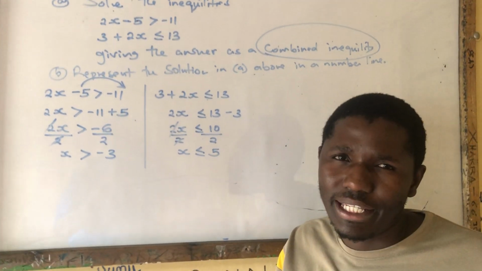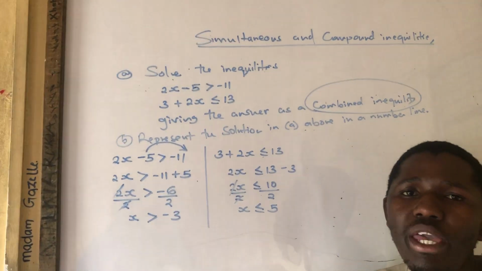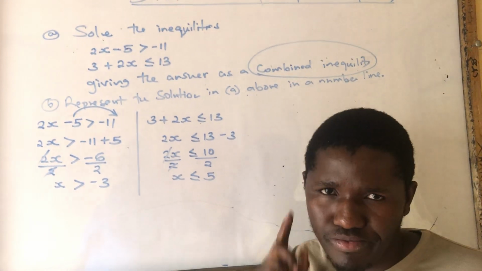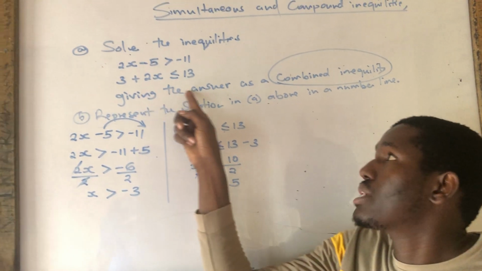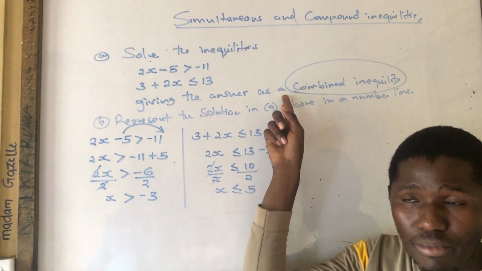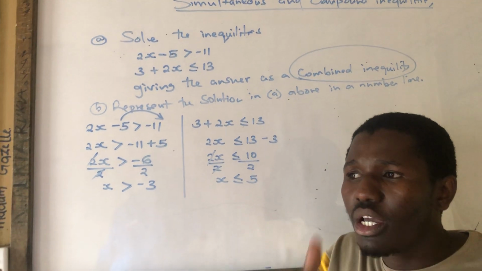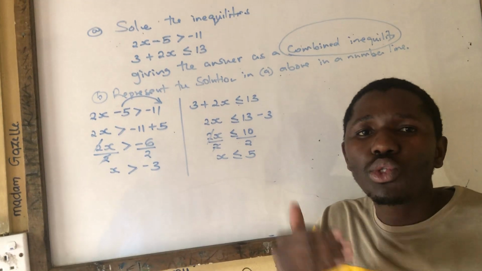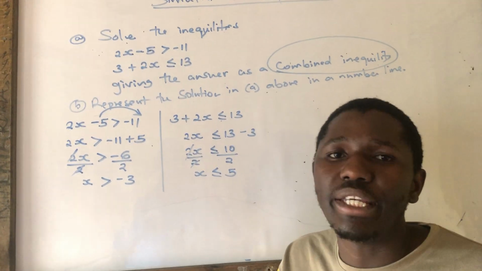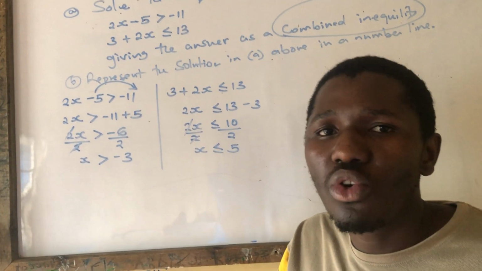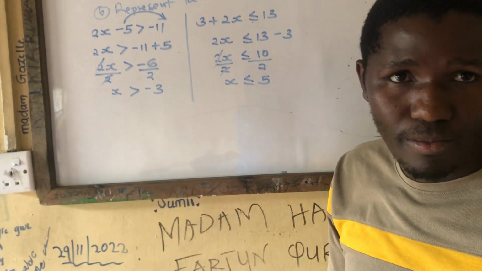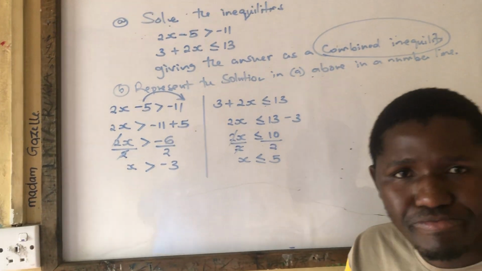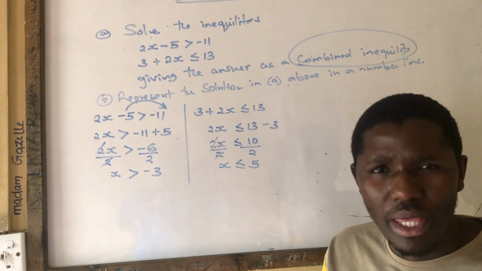This is my advice. You may come across a question tomorrow that does not instruct you to give the answer as a combined inequality. Please make it a habit that when solving simultaneous inequalities, whether mentioned or not, you give the answer as a combined inequality. The question is, how do we combine them?